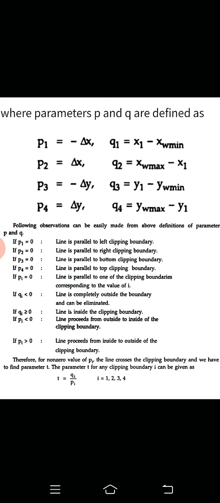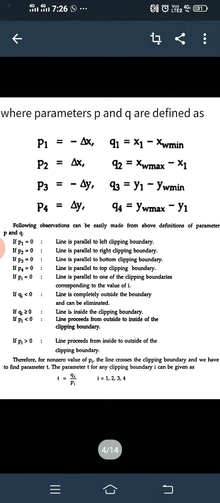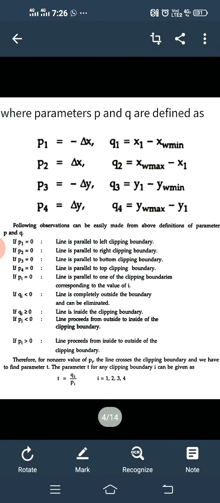For pi, there are three cases. First, if pi equals 0, then we can clearly say the line is parallel to one of the clipping boundaries. If pi is less than 0, then the line proceeds from outside to inside of the clipping boundary; the line is coming inwards.